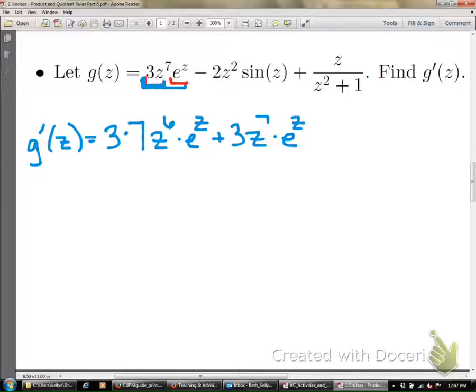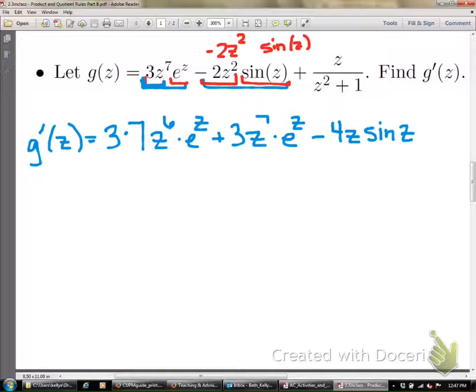All right, so now here we're going to start taking the derivative of this term. So again, overall we have a product. Let's think of negative 2z squared as our first function and sine of z as our second function. Okay, so let's take the derivative of the first function. We get minus 4z, and we leave the second function alone.